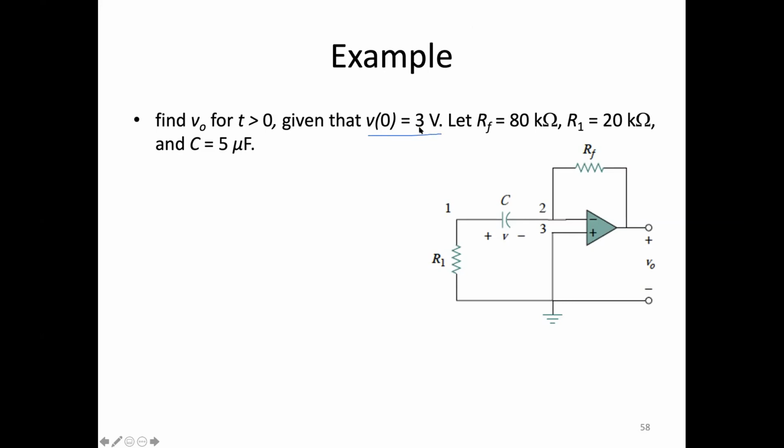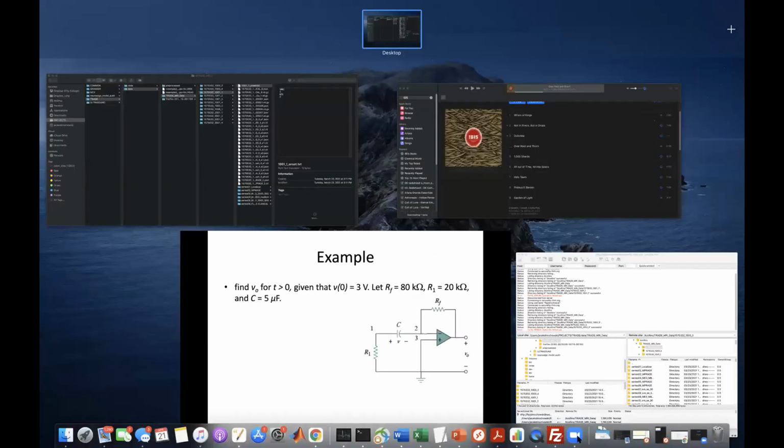Right, so this is a big piece because we basically only need to know the initial value, the final value, and the time constant. And so we're given the initial value, and what you'll see in a second is that the final value is going to be very easy to deduce.